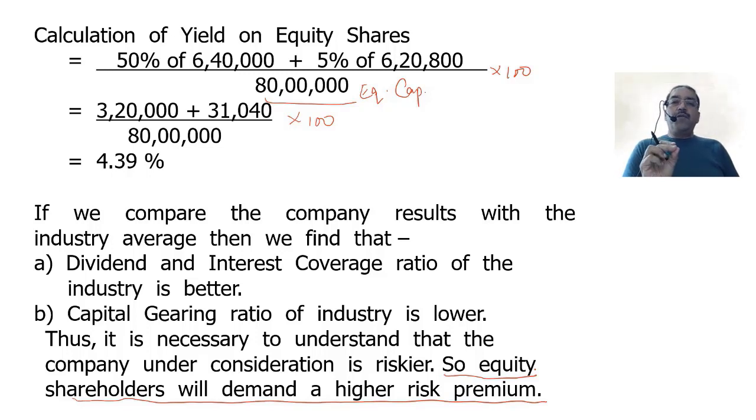Since our company is riskier, the risk premium is going to be higher. The demand made by the equity shareholders of dividend will be higher. They will not accept 9.6%. They will accept something more because of the higher risk. So 1% more for every unit of difference in the dividend coverage ratio, and 2% more for every unit of difference in the CGR.